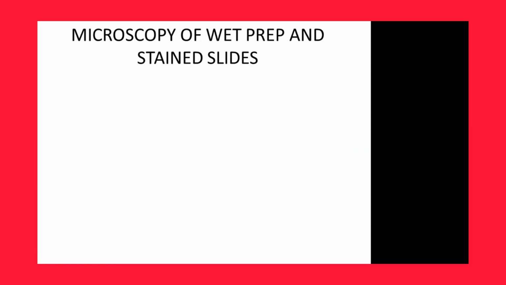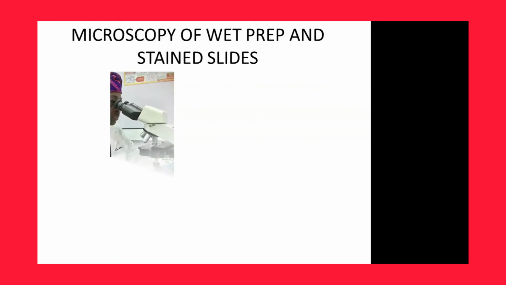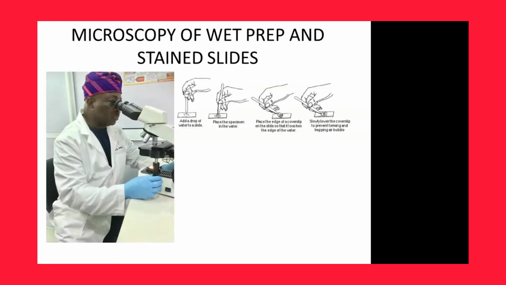Diagnosis continues with checking under the microscope, wet preparations. That is, you take the urine, after centrifuging it, you allow the deposit to be placed on a slide, just as done here. You can see the deposit is now placed on a slide, and the cover slip is used to cover it.